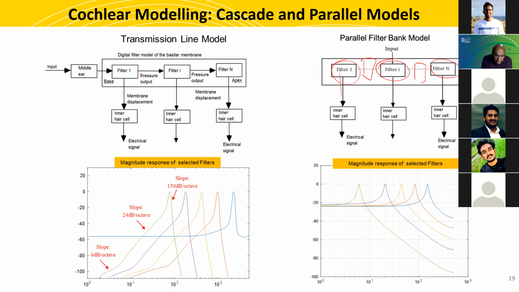But if you look at the cochlear characteristics, only the cascaded filter is able to provide this sort of 150 dB per octave roll off. These filters will not be able to provide that. They will provide selectivity, but they won't provide that. So when you use these filters for frequencies, if you want to resolve two frequencies, you will struggle with this one.